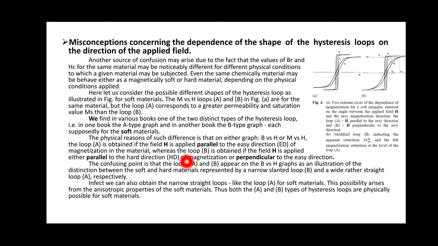Whereas the B-type loop is obtained if the field is applied either parallel to the hard direction or perpendicular to the easy direction.